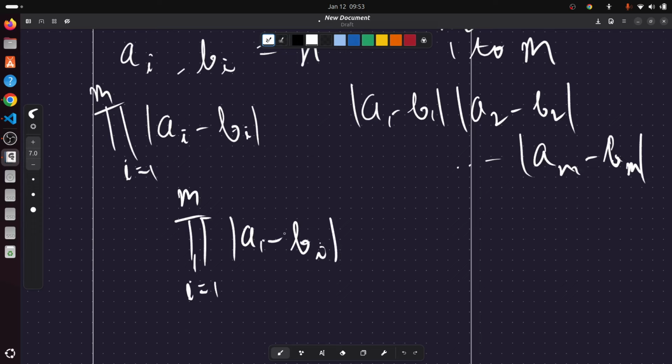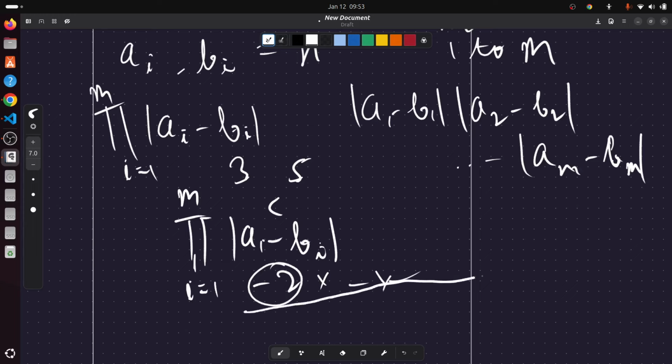Sometimes it might happen that ai is less than bi. So let's say it is 3 and 5. In the product they want that we should have 2 times something, not minus 2, because if there are an odd number of terms having negative sign, then we might have the product less than 0.